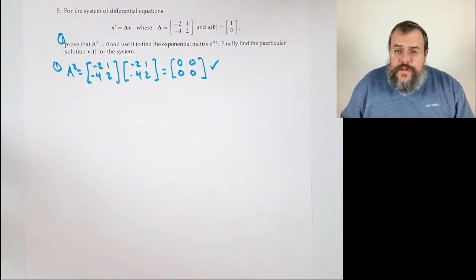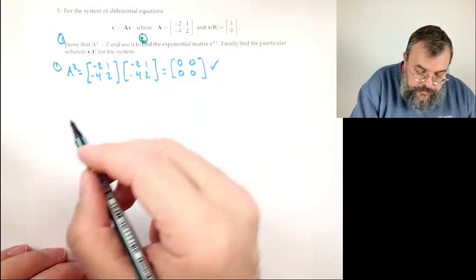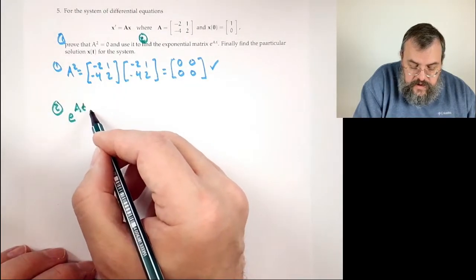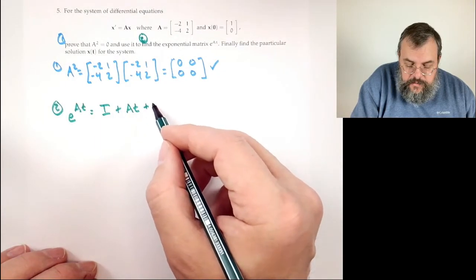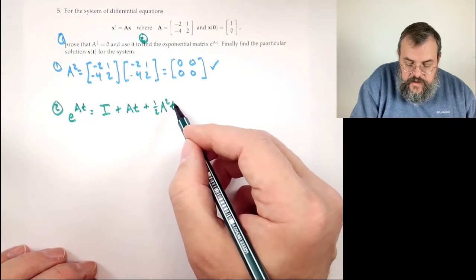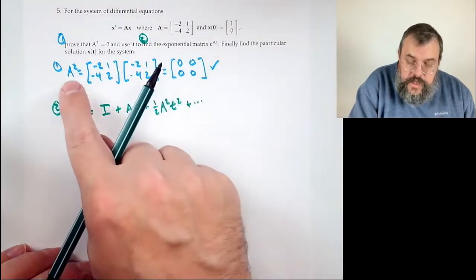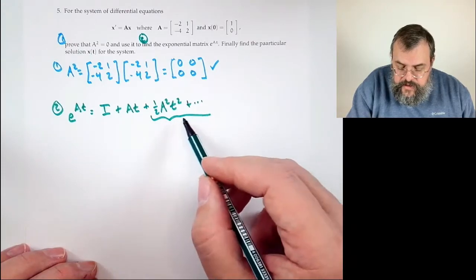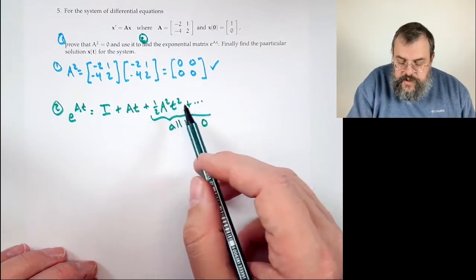Now it says, well, use it to find the exponential matrix e to the At. So now, okay, so we're in step 2. So we have that e to the At is the identity plus A times t plus 1/2 A squared t squared plus dot, dot, dot. But we know that A squared equals 0. And so not only does A squared equal 0, this will all be 0 from the A squared onward.